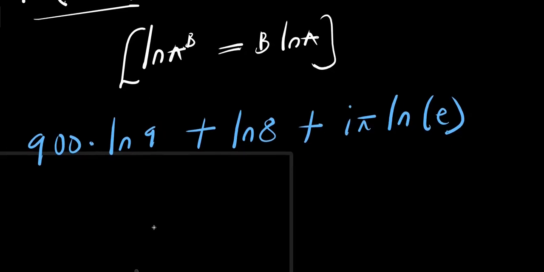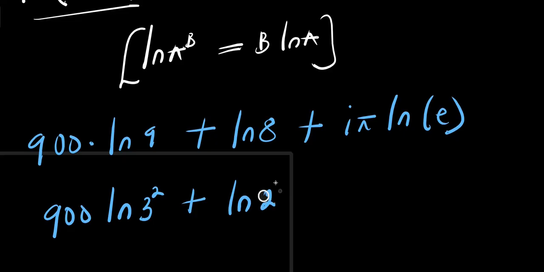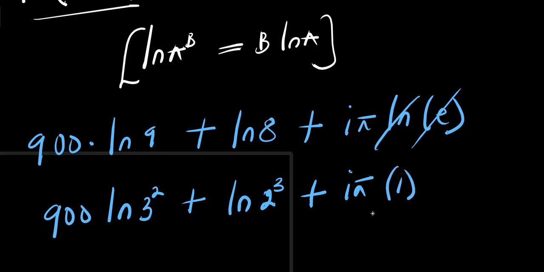So from here, I can have 900 times natural log of 9, which is 3 power 2, plus natural log of 8, which is 2 power 3, plus i times pi. This cancels this, I have 1.